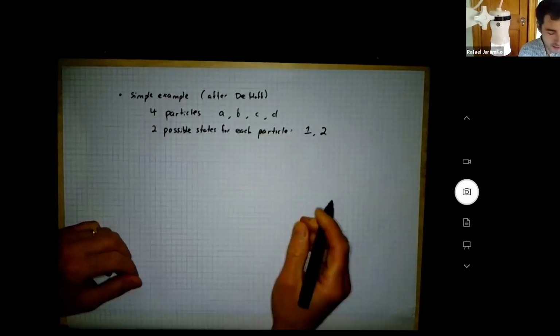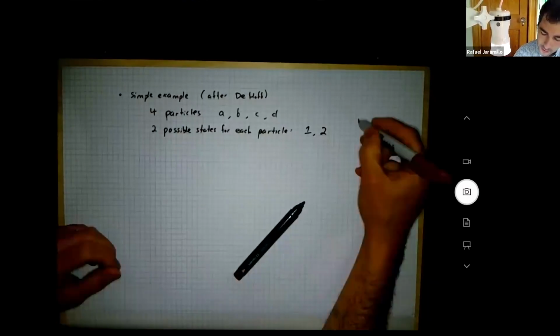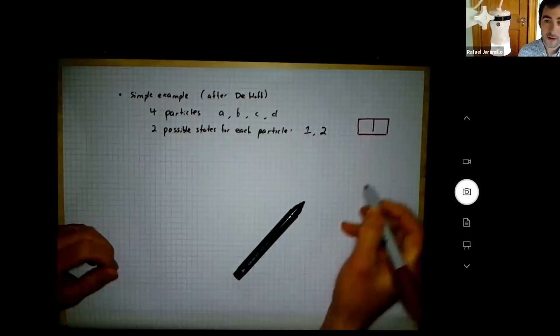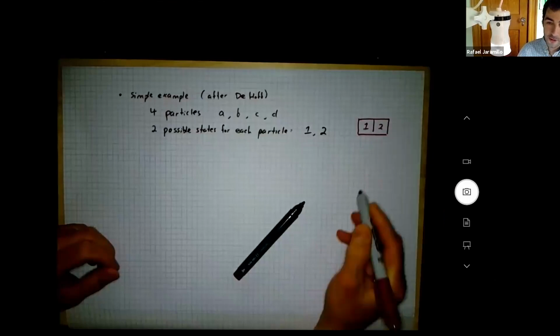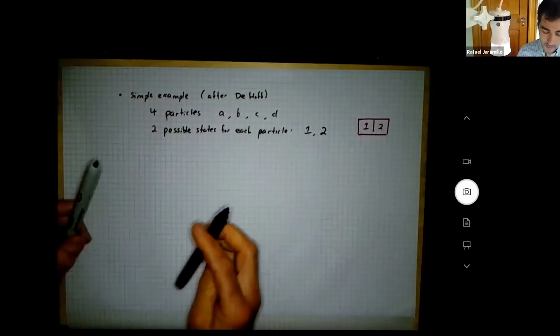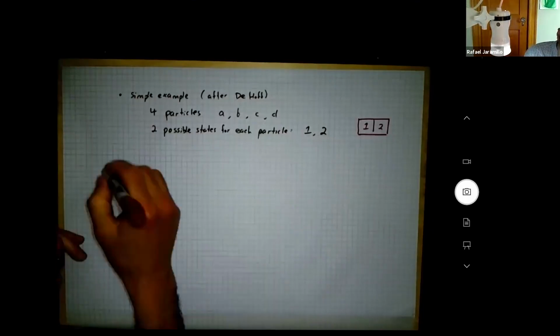And so you can imagine these states are 2 boxes, like a carton that's separated into 2 boxes. We'll call this 1, we'll call this 2, and you can put some particles in here, and some particles in here, and we're going to figure out how to distribute the particles. So let's do some counting.